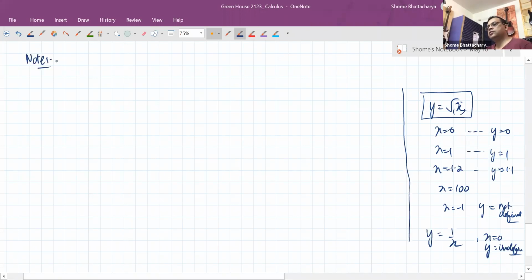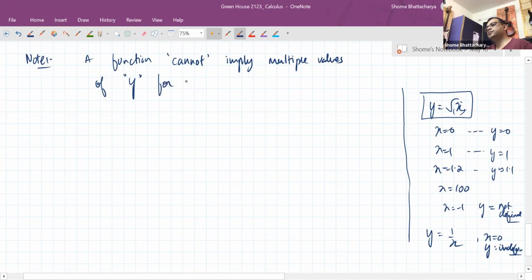Now, just one thing we have to understand, that a function cannot imply multiple values of y for a single value of x.